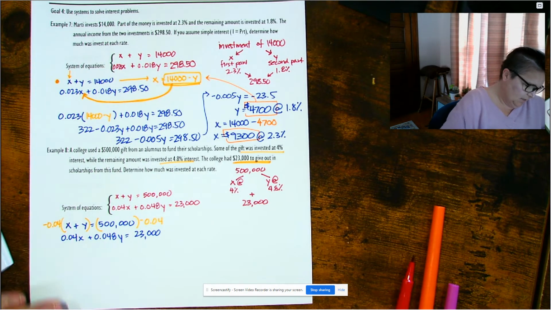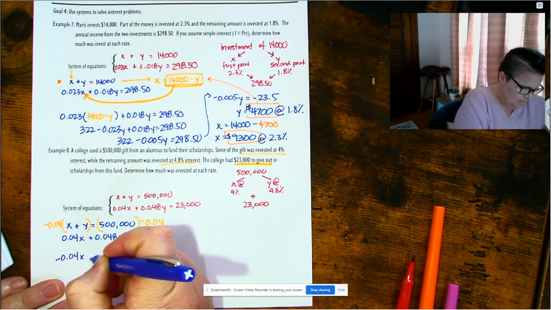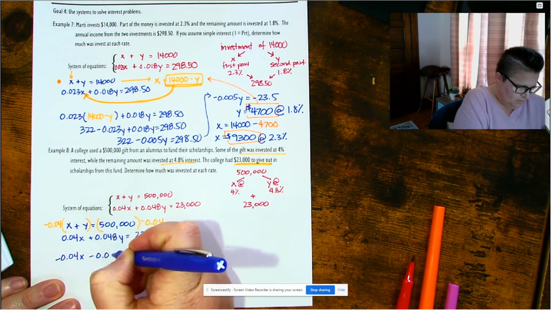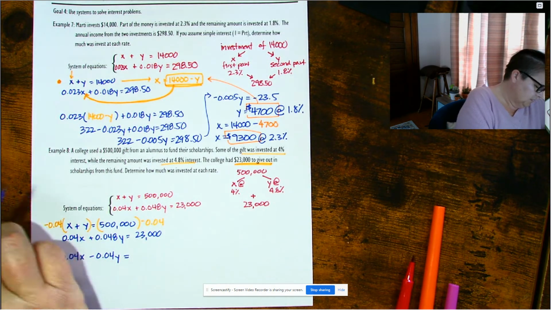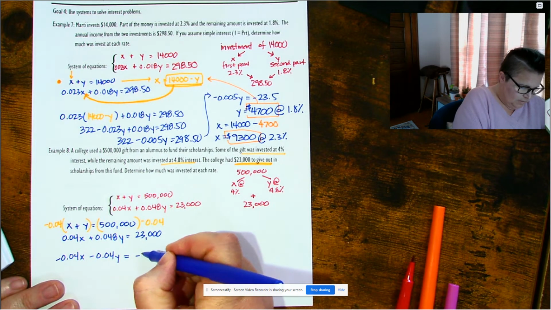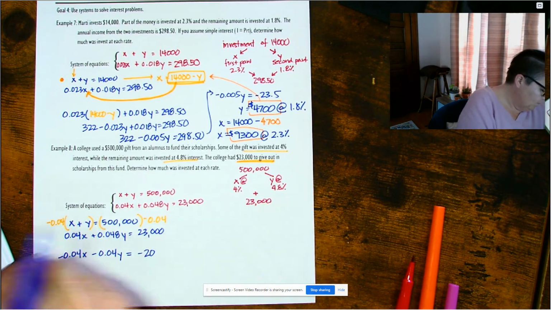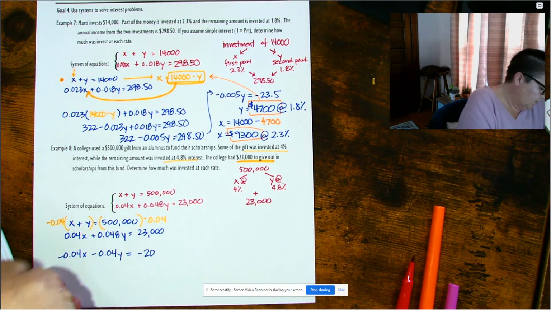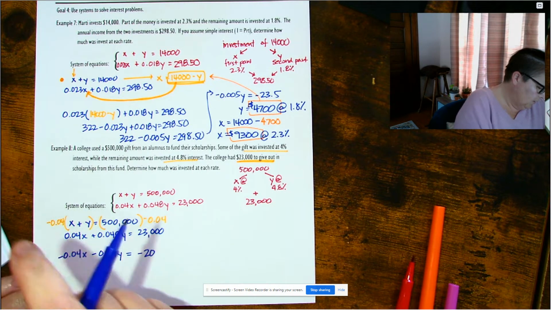So that's going to give me a negative 0.04x minus a 0.04y equal to 500,000 times a negative 0.04 equal to a negative 20. Oh, there's going to be another zero there. 500,000, Amy. 1, 2, 3 times 0.04.